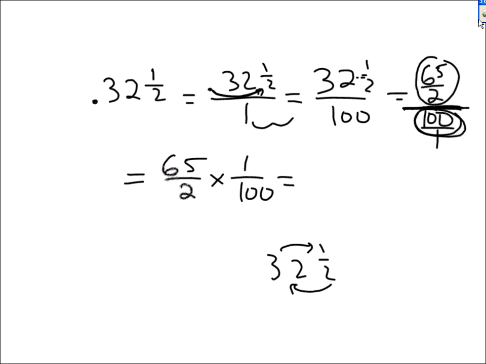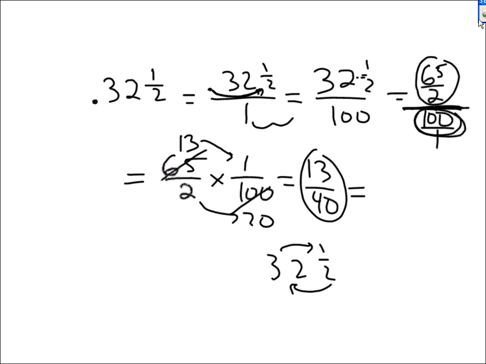And you could reduce. 5 goes into both of these numbers 13 times and 20 times. 13 times 1 is 13. 2 times 20 is 40. This number happens to be 0.325 actually, or 0.32 and a half.